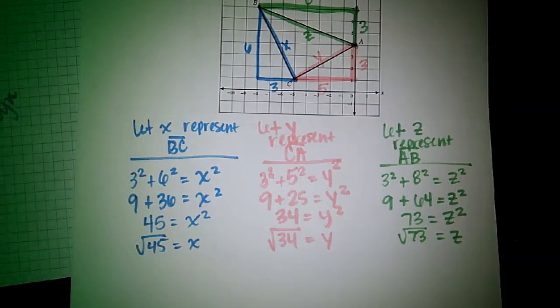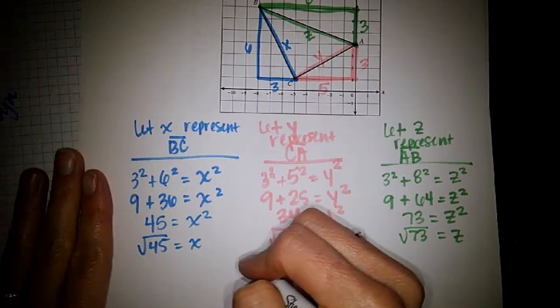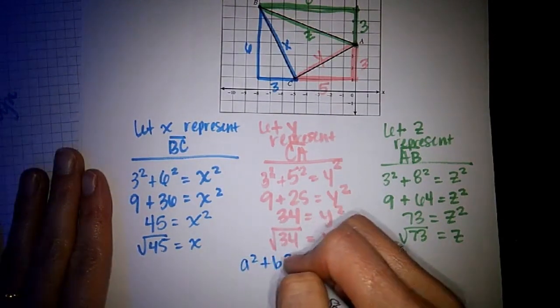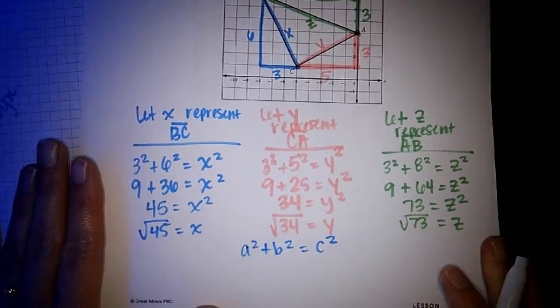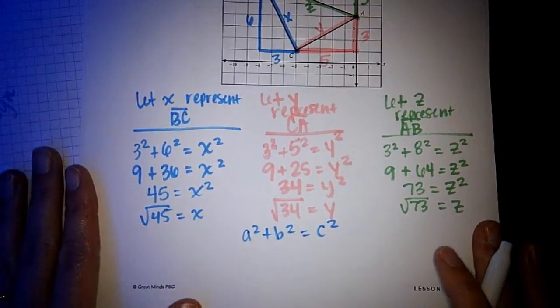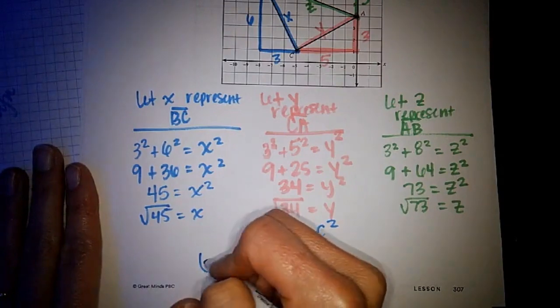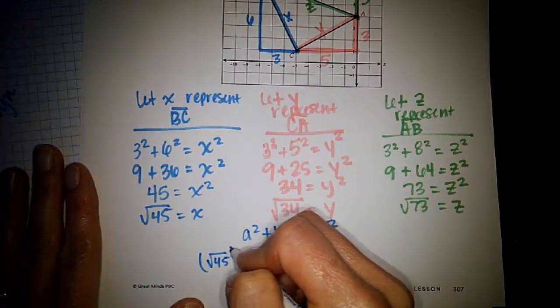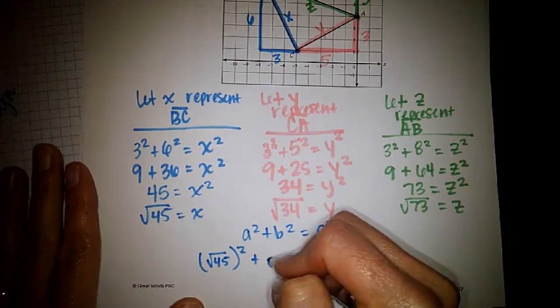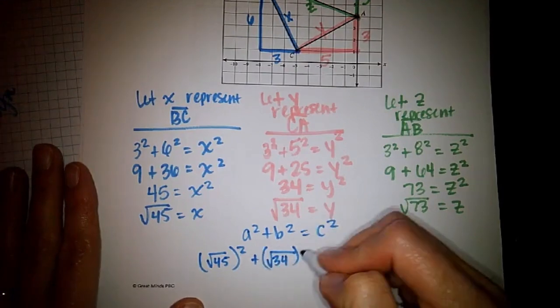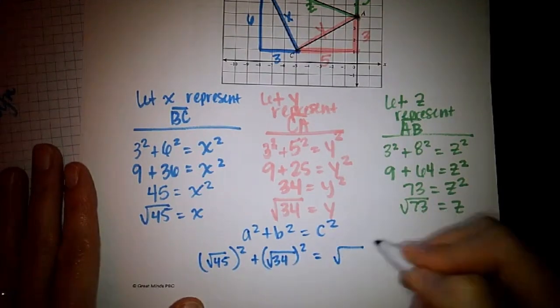So we're going to write this. It's going to look scary. We're going to unscarify it. So we know that a squared plus b squared equals c squared. Agree or disagree? Okay, here we go. The square root of 45 squared plus the square root of 34 squared equals the square root of 73 squared.